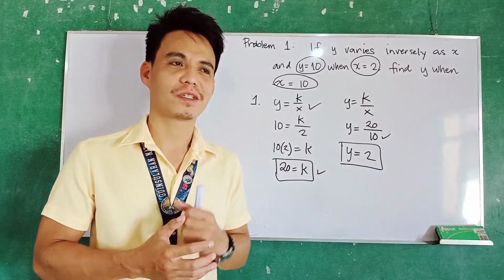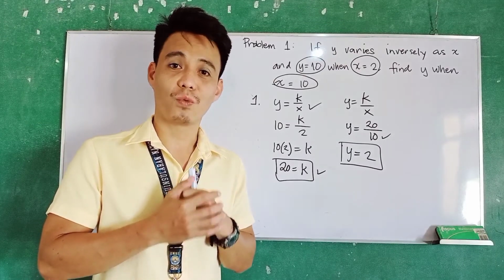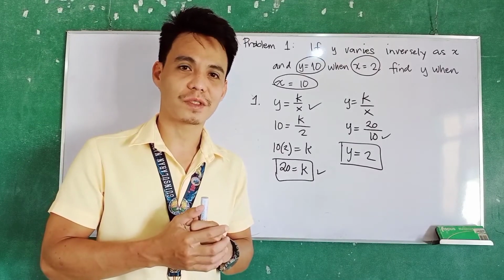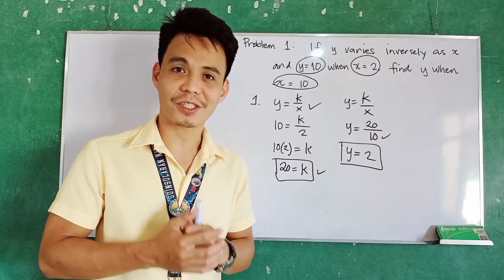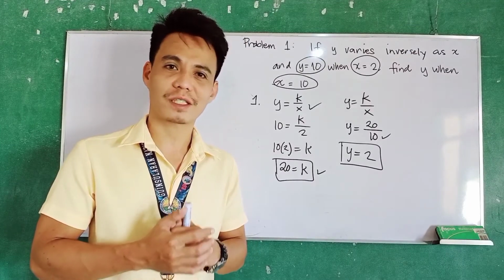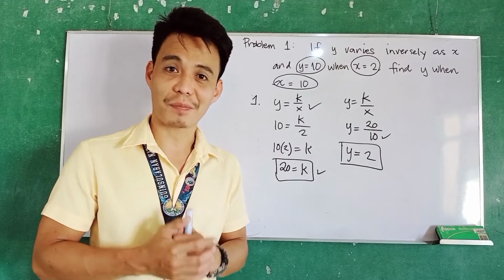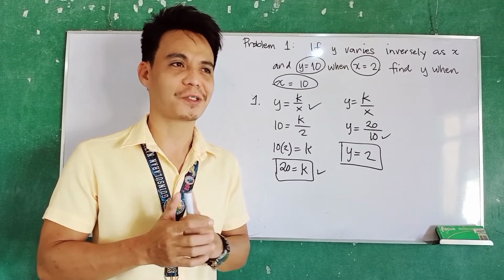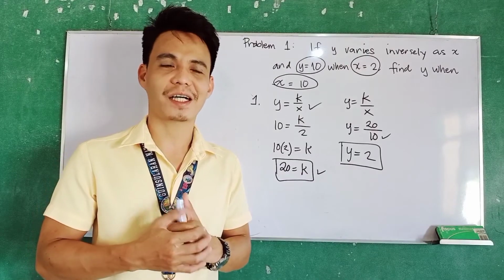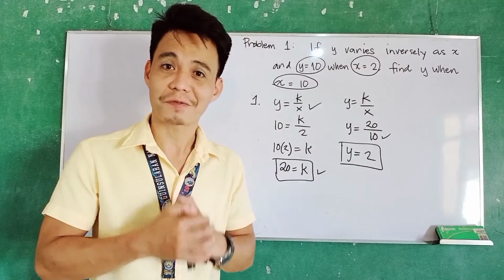Very good. The more workers with a job, the lesser the time to finish it. So, kapag marami yung nagtatrabaho, mabilis namang natatapos yung oras. Very good. So, brilliant idea guys, which we can apply the inverse variation.